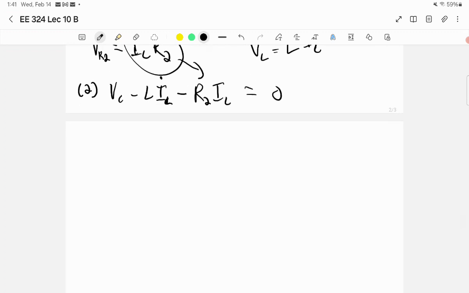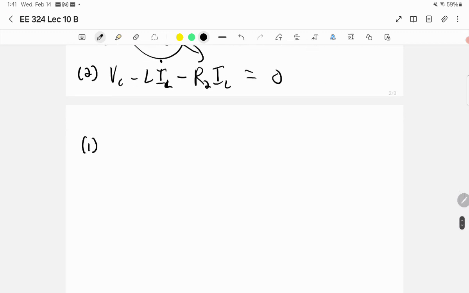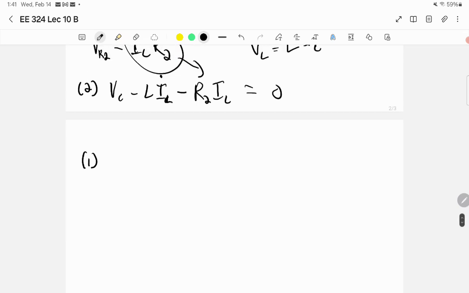So what I can do now, I'm just going to rearrange everything. I'm going to multiply by R1, for instance, in equation 1, and I'm going to rewrite these equations. So equation 1 is R1 C Vc dot plus Vc plus R1 IL equal to Vn of t.